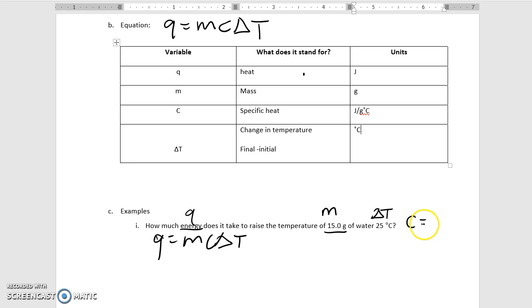Either the problems for this unit are going to give you the C value or I will give them to you. One thing you should know is that for water, and this is only for water, the C value is 4.18 joules per gram degree Celsius.